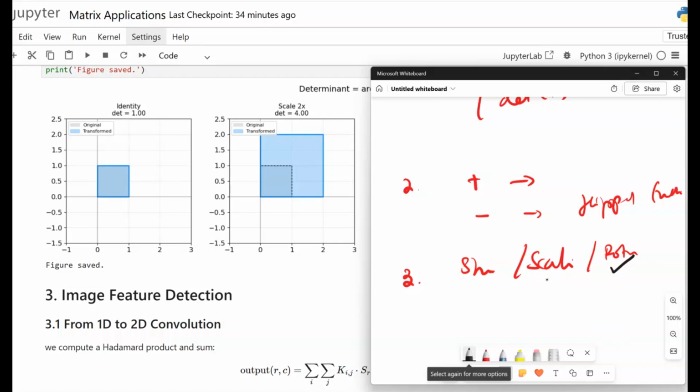Scaling changes area uniformly. And shear, from the previous example, preserves the area but distorts the shape. And last but not least, we have also discussed the singular case, which destroys the dimensionality itself.